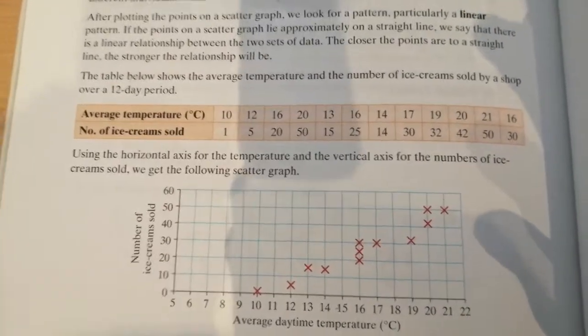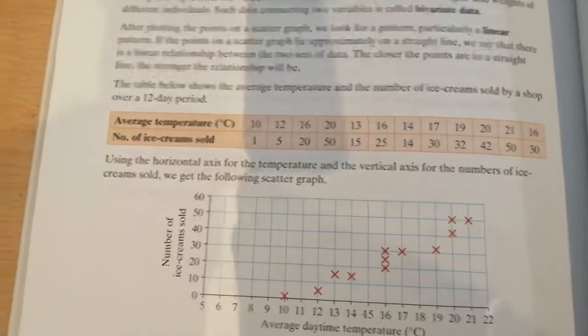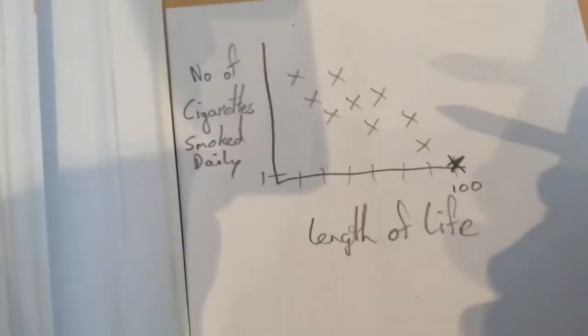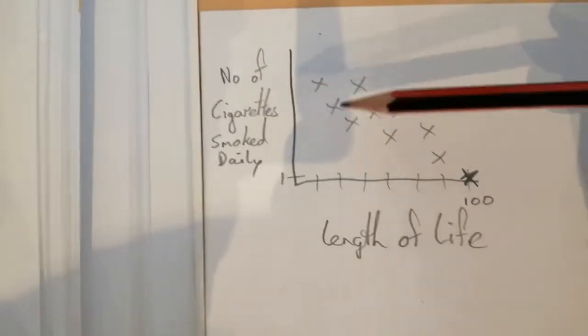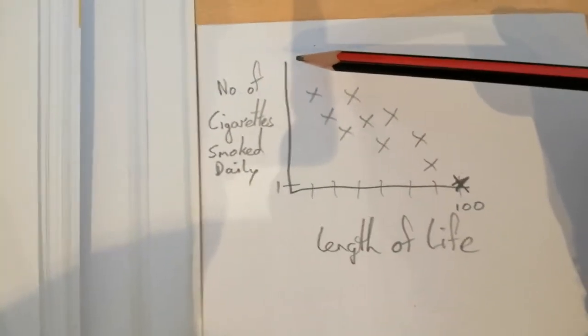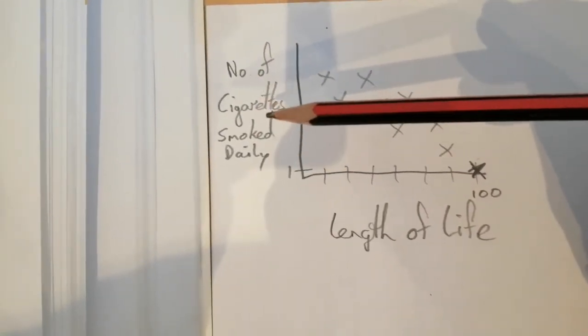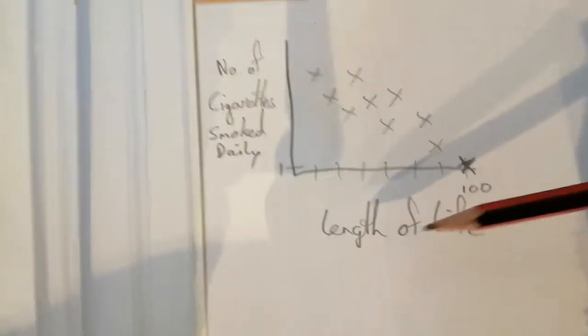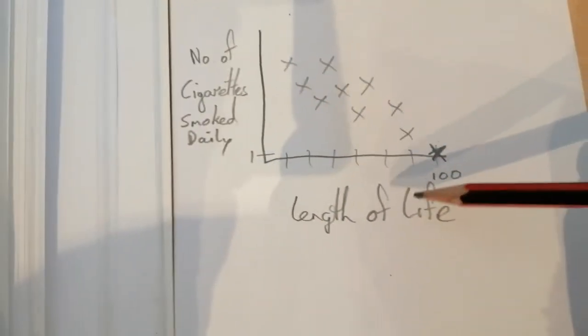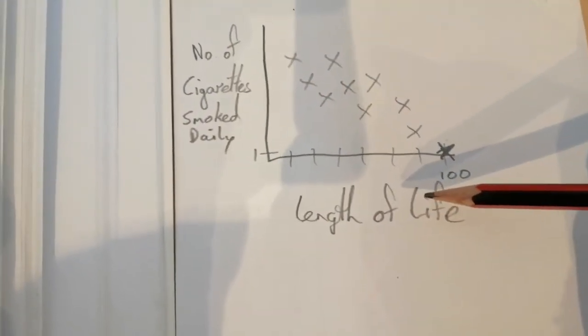If we wanted to think then about a negative correlation, I'll just bring you over here to a sketch that I did a moment ago. I just made this up, taking two pieces of data here. One is the number of cigarettes smoked daily by a group of people, and the other one is the length of their life, how many years they lived for.